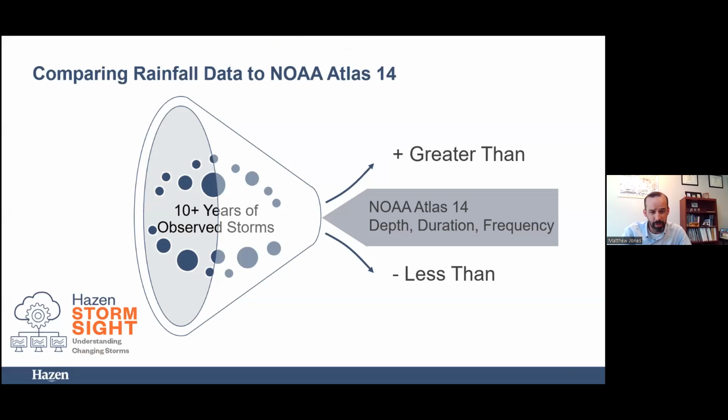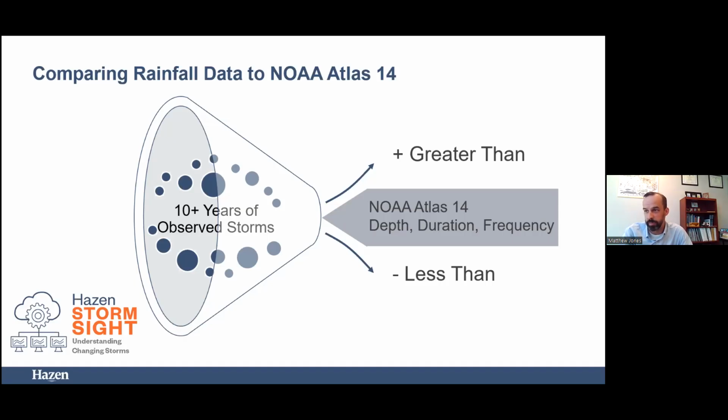So we increasingly were asking ourselves questions about better understanding what those changes are and what implications they have for the green infrastructure, particularly bioretention, that we're designing, implementing, and maintaining. One way that we looked at that is trying to understand how storms are changing. We have a tool where we compared measured rainfall data to NOAA Atlas 14, the standard for developing our design storms often.